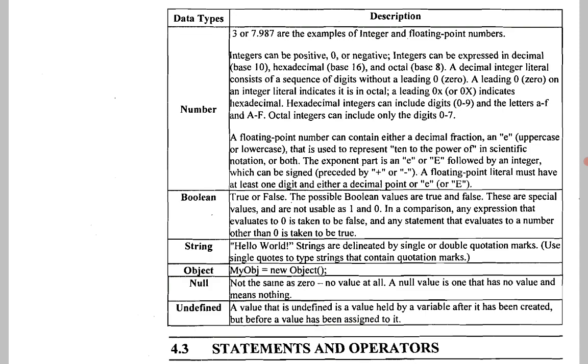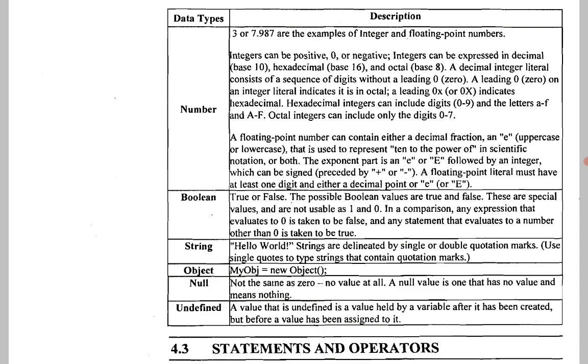Floating point numbers contain either a decimal point or a number with exponentiation notation. These numbers are either positive or negative, and negative numbers must be preceded with a negative symbol.